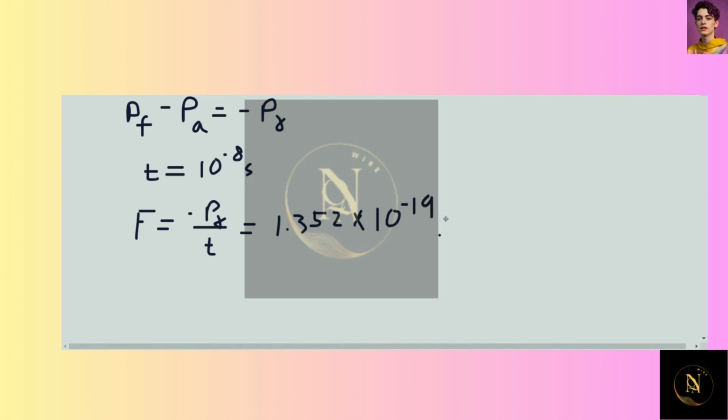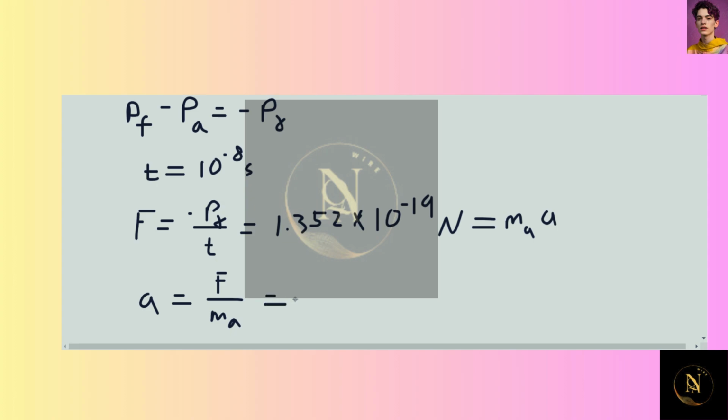Speaking of newtons, we can use that to find the acceleration, as according to Newton's second law, force is equal to mass times acceleration. So this is equal to m_a, the mass of the atom, times the acceleration of the atom, a. Looking for the acceleration, a, we find that it's equal to the force divided by the mass of the atom, m_a.